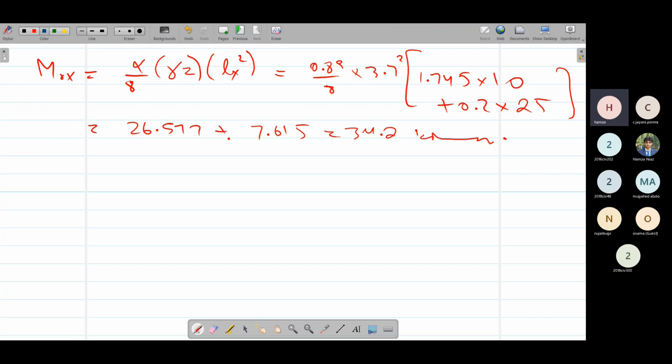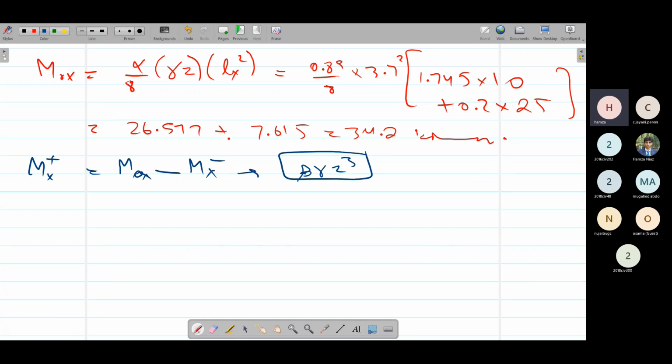Now for the positive moment, that is Mx positive, it is equal to M naught x minus Mx negative. If you subtract the negative moment from the total simple span moment, we will get the positive moment. The negative moment formula is beta into gamma z cube.